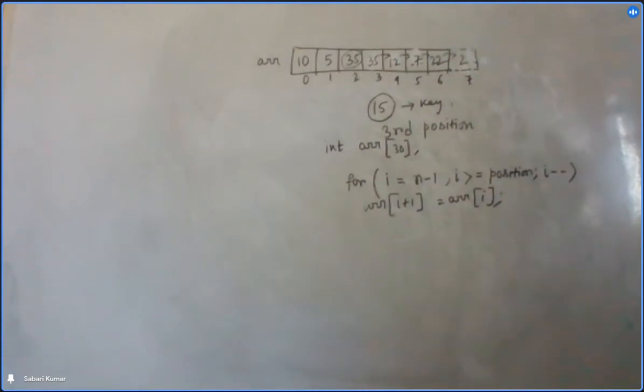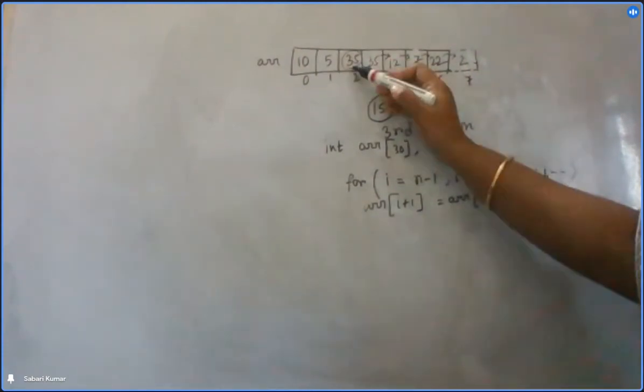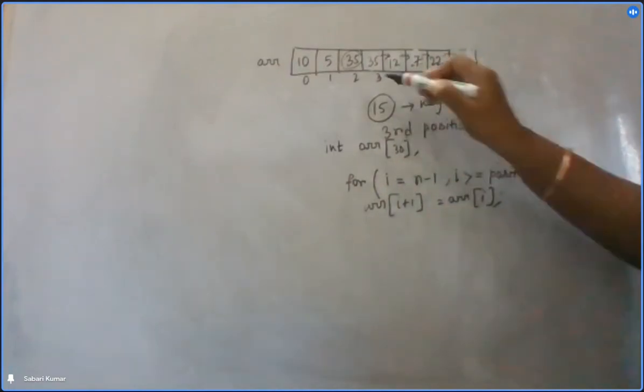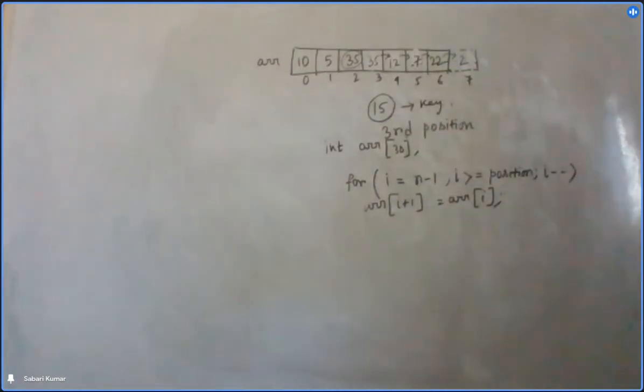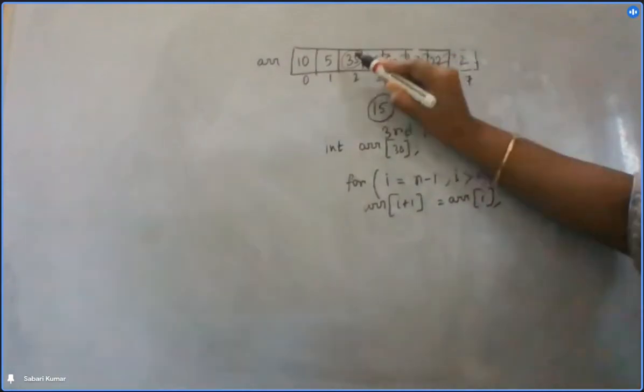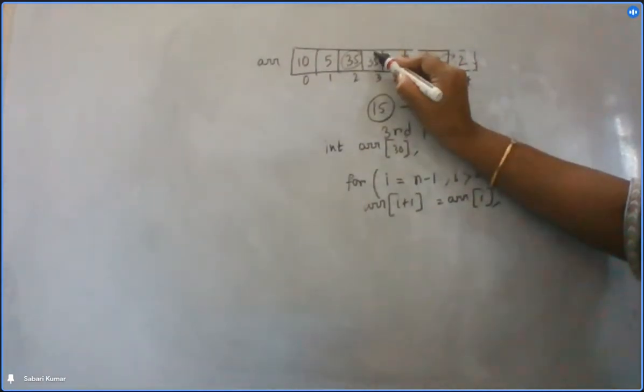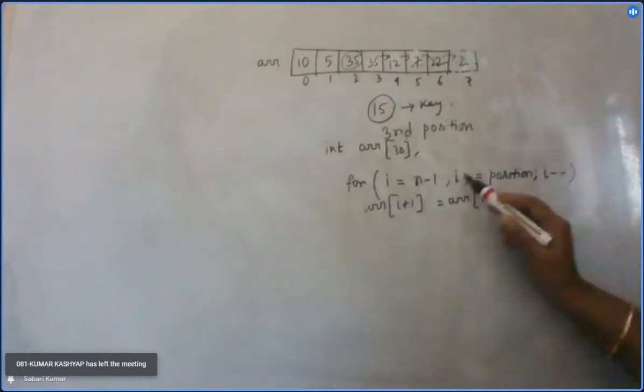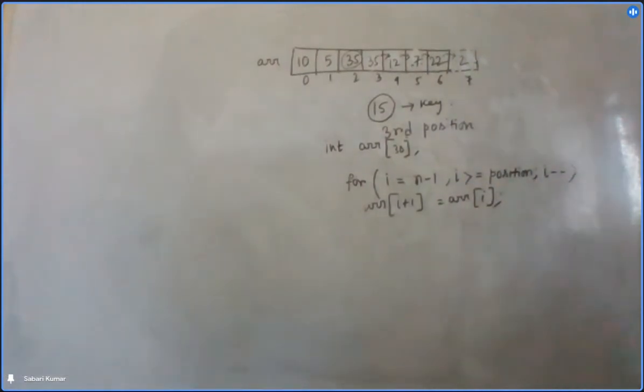And how many times is this operation going to be done? Until we reach the position where we have to insert the key. In our example we have to insert it in the third position. So until the i value is equal to that position value.